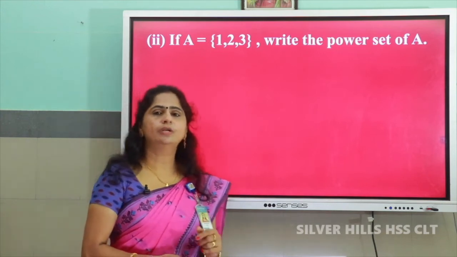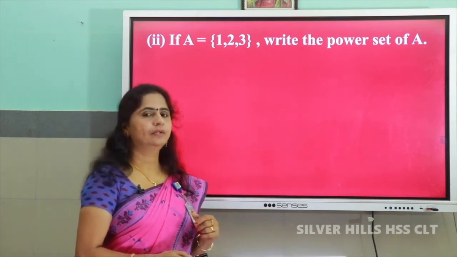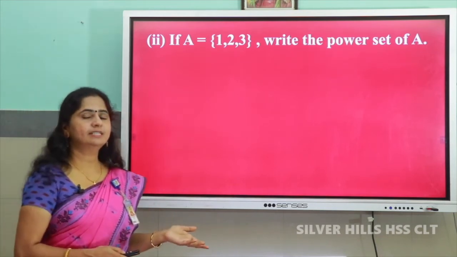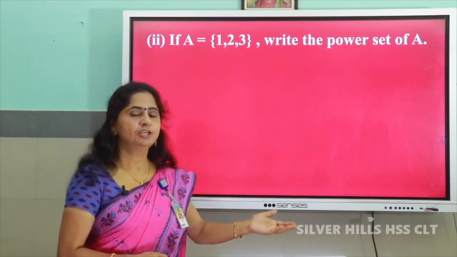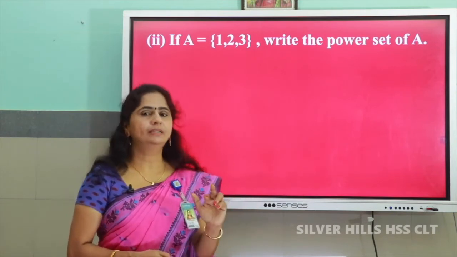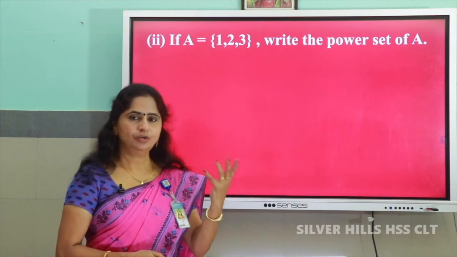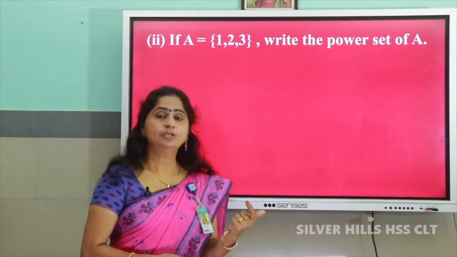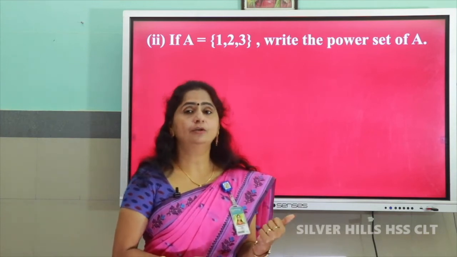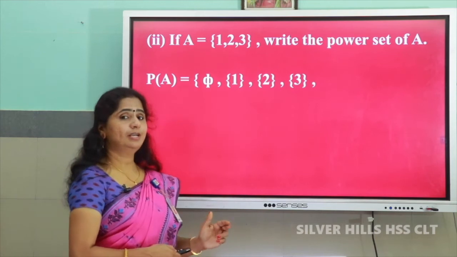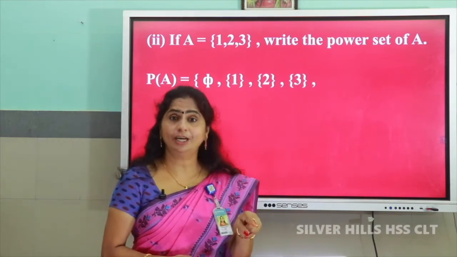Let us go to the next example. Set A is equal to {1, 2, 3}. Write the power set of A. Again, the power set is nothing but the set of all subsets. Just now we did that problem. We have to just put it within the set notation. So, first we will take the empty set phi, then one at a time, then 2 elements together, finally the full set. So, we will write one by one. So, P of A is equal to, open the set notation.